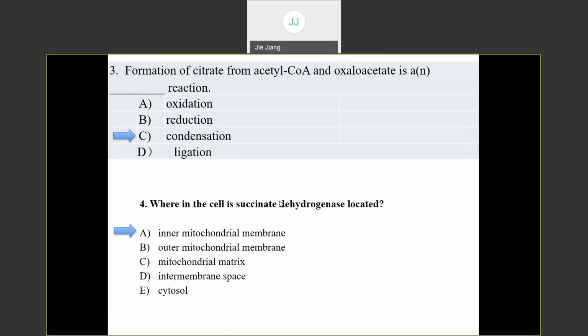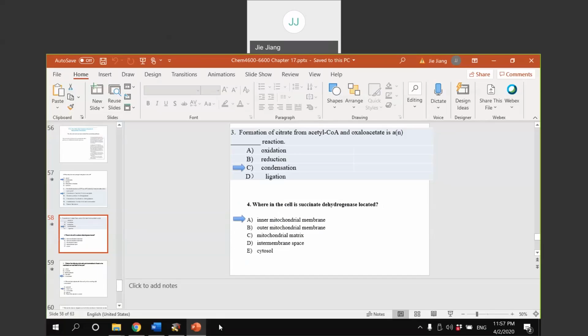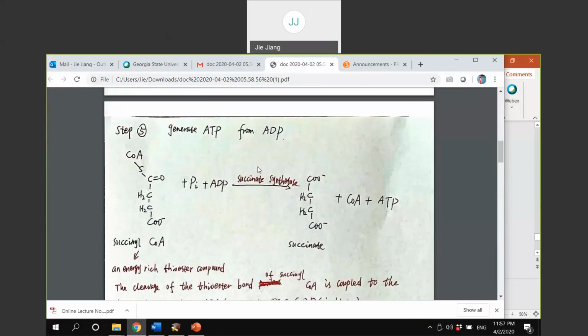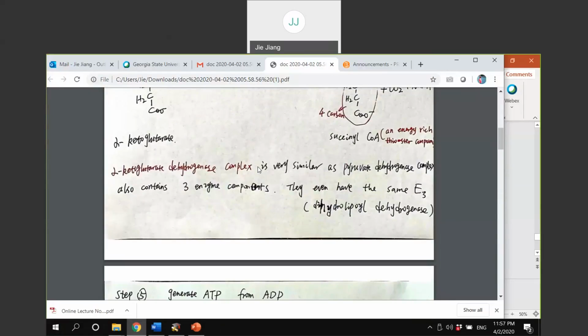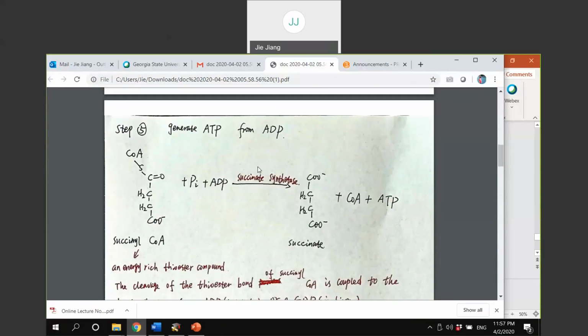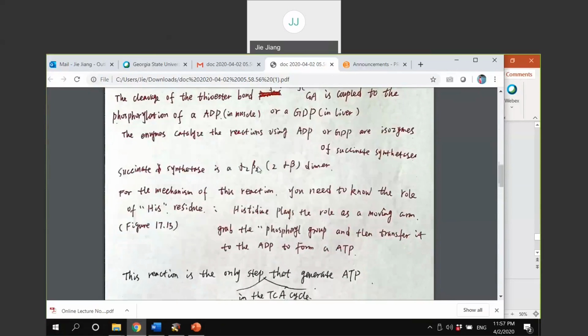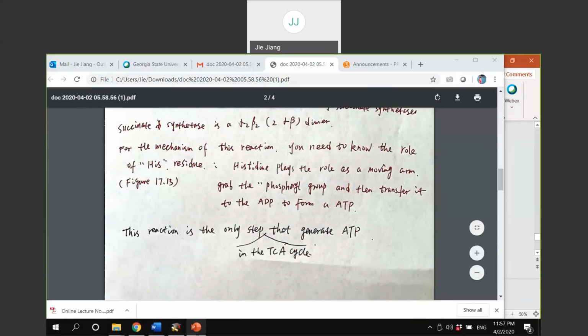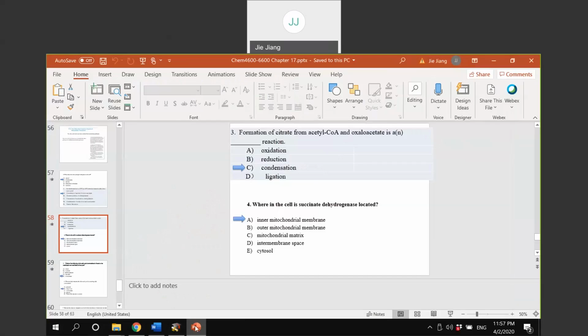Oh, by the way, the location for the succinate dehydrogenase, I think I forgot to put on the note, but here.